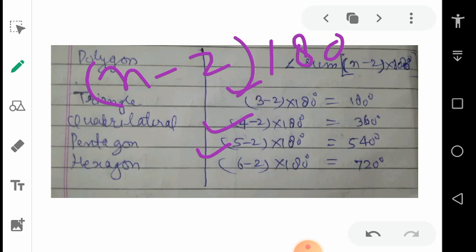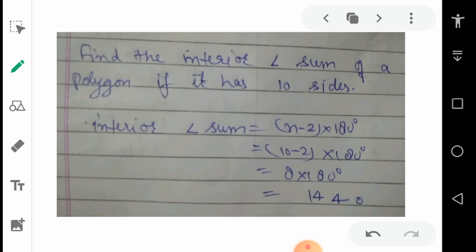There are a variety of questions regarding this formula. There is a question: find the interior angle sum of a polygon if it has 10 sides. Till now we have discussed polygons which have 6 or 8 sides at most, which is the octagon, but there are many more polygons which have different numbers of sides.